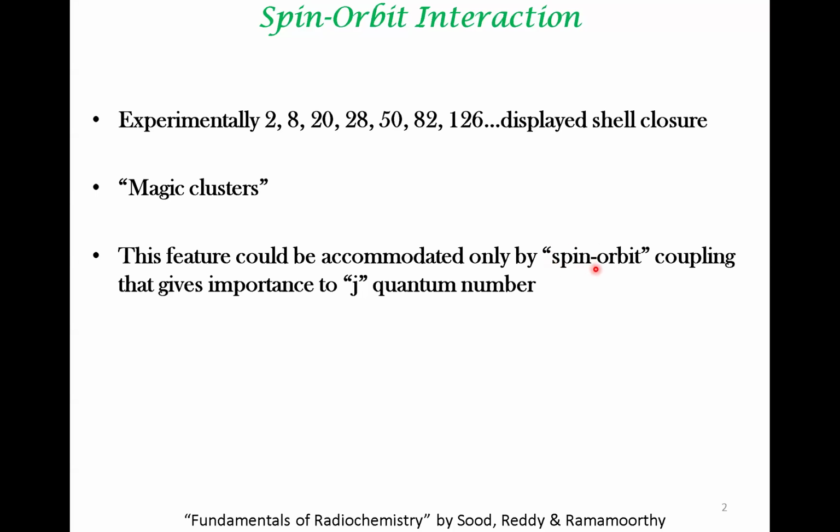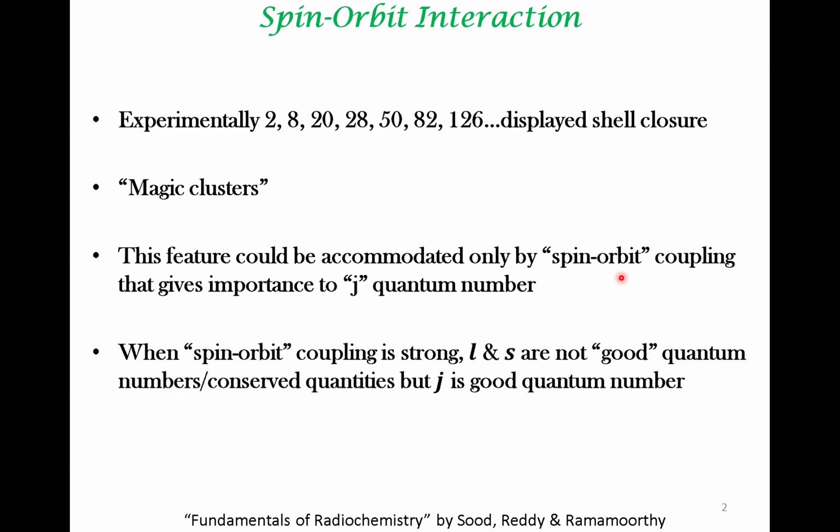When this coupling is strong, a different quantum number becomes important. J is obtained from L and S, where L refers to the orbital quantum number, S refers to the spin quantum number. J is something that you get by adding or subtracting these two angular momentums via certain rules. We won't go into this in detail.